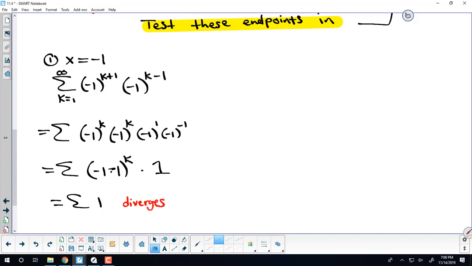Which means we exclude this from the interval of convergence. And our other endpoint was +1.